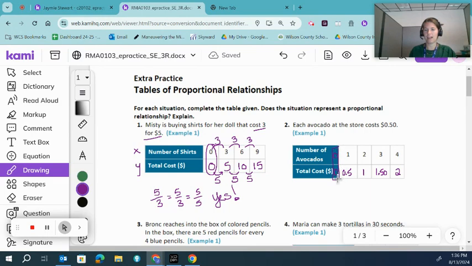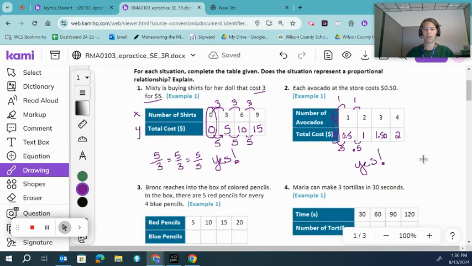Okay, and we can see that our increase is 0.5 or half for every 1, and that remains true throughout. So yes, this is a proportional relationship. It has 0, 0, and it is a constant rate of change throughout.